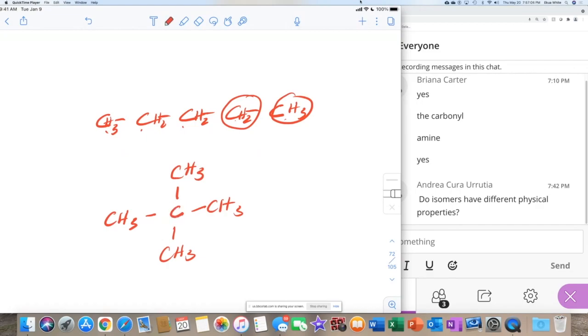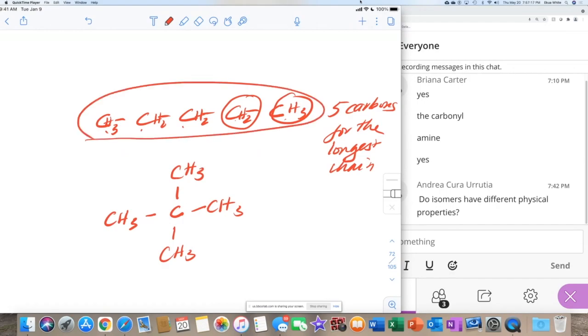Okay, so here we had 5 carbons for the longest chain, right? The longest continuous chain, like back to back to back. If you were to line them up, how many carbons do you get back to back? We have 5 carbons. If you look at the central carbons, the ones in the middle, how many are lined up back to back?